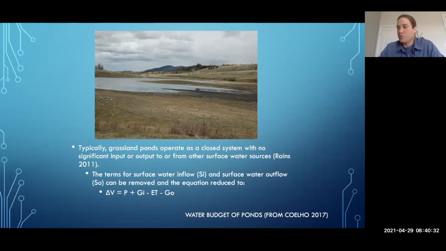This is the case for those ponds, and there's little input from the groundwater because the groundwater table in some of these systems can be quite far below where the pond basin is, and that's why we're not getting that input of groundwater. In all of these, this equation at the bottom, the volume is associated with groundwater inputs and groundwater outputs. Yes, it is, but in the smaller ponds and in grassland systems, generally we lose that groundwater part of the equation.